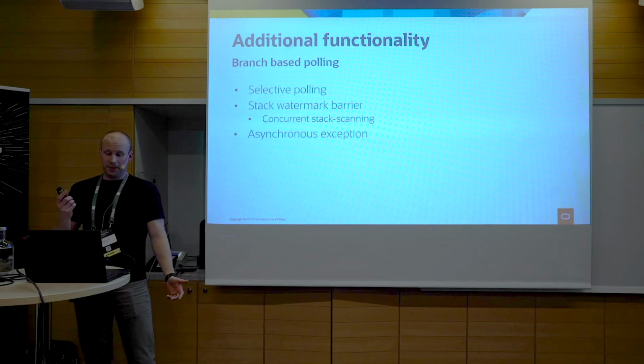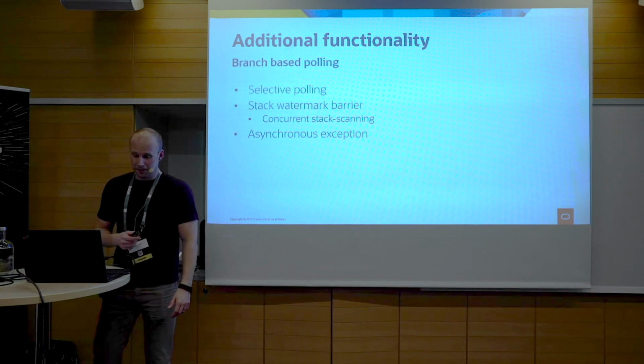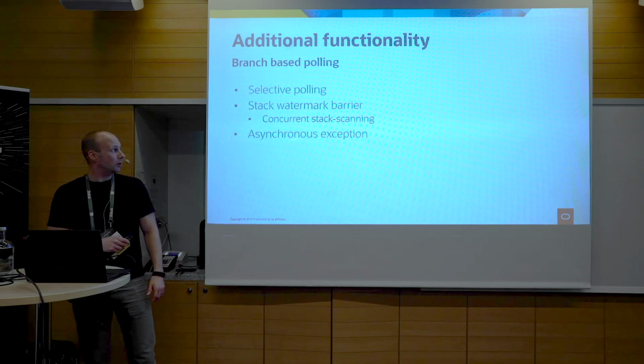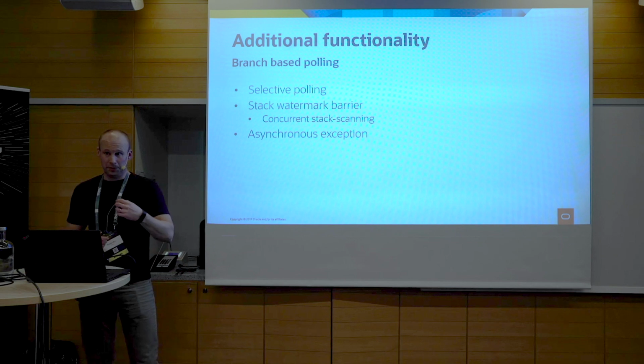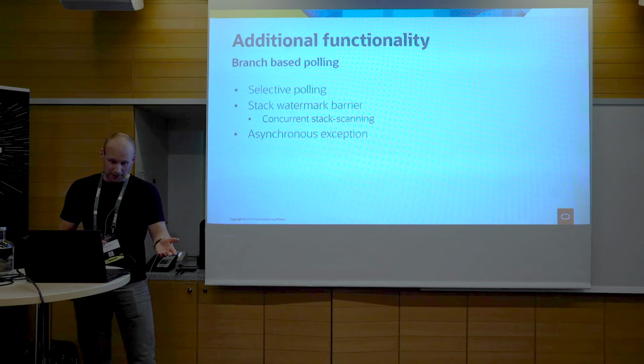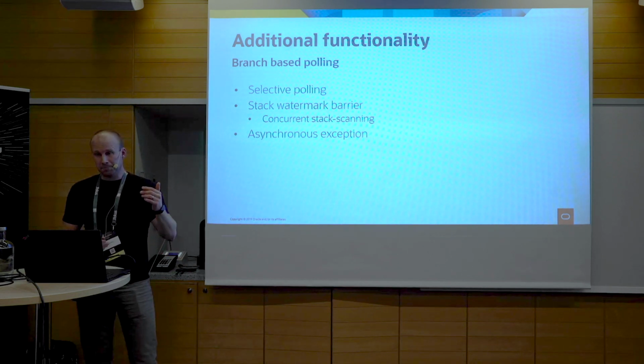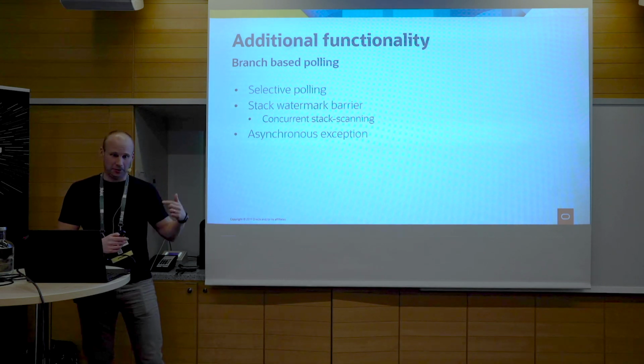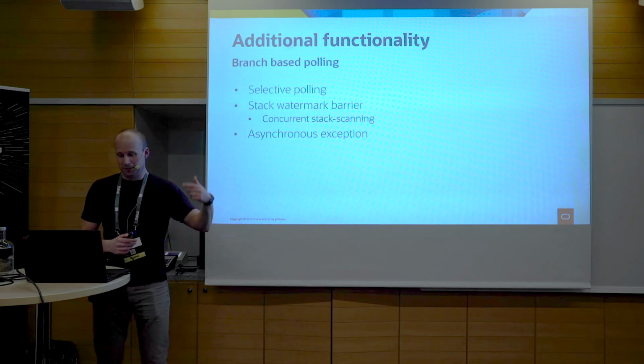And then we have the branch-based polling. It's mainly for the concurrent stack scanning, but also for asynchronous exceptions, which may only be delivered at certain times. We cannot always deliver it. So if you would arm the poll, you would, in the slow path, figure out, oh, we can't deliver this, and then you need to roll forward to the next polling site until we can.